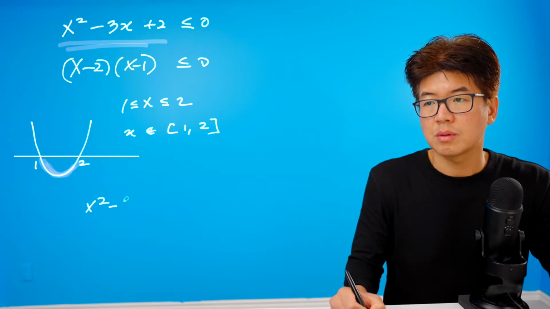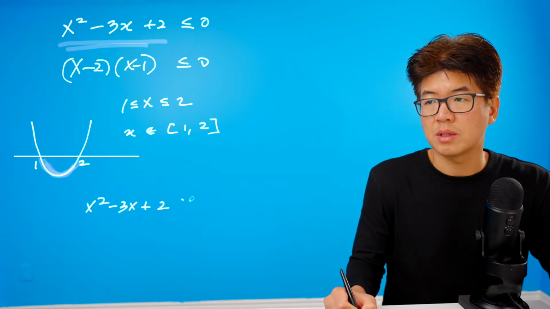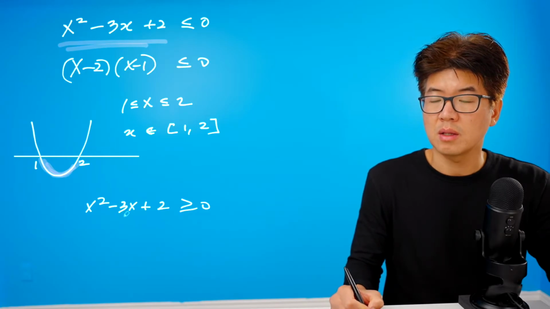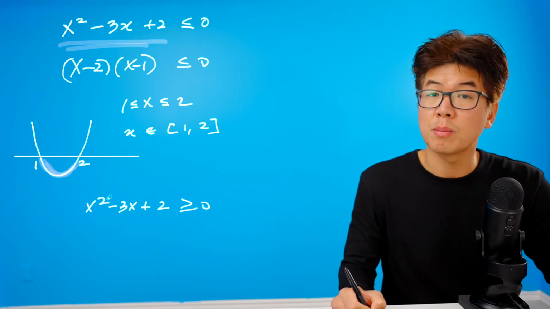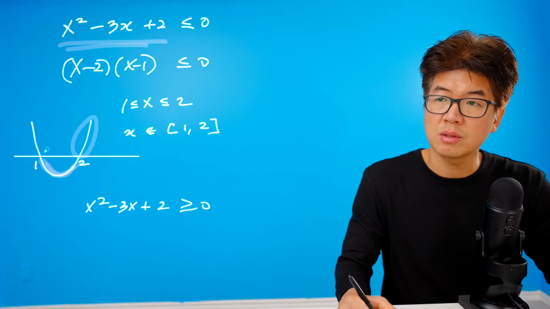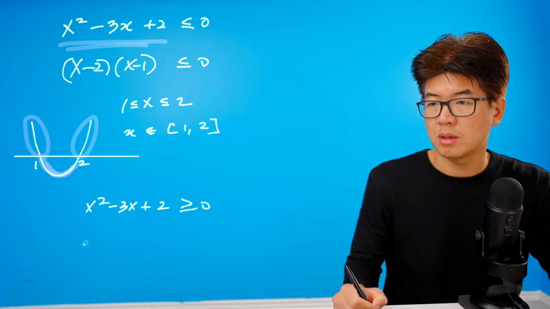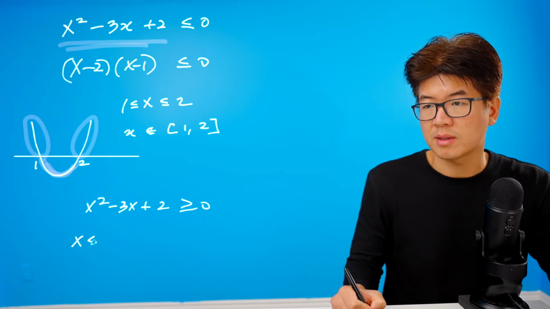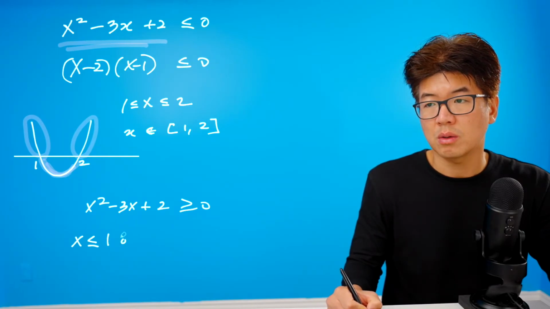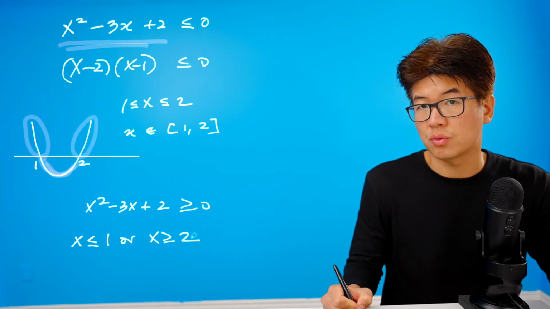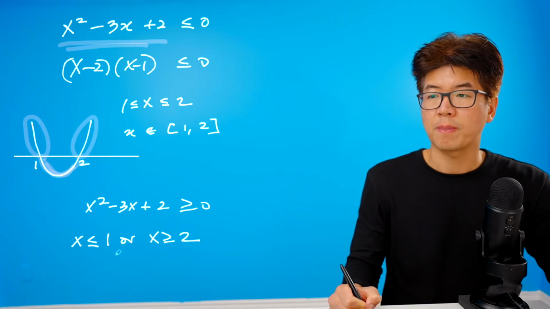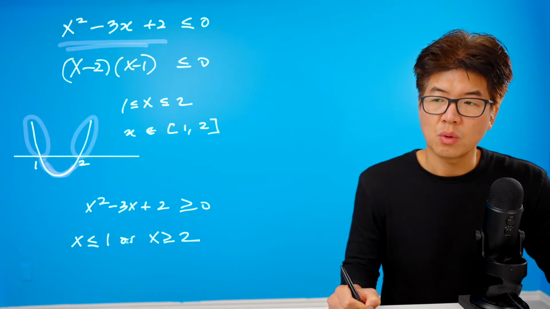Suppose it was this instead. Then we're asking for when is the y value positive? It would have been this region and this region. So there, x would have been x is less than or equal to 1 or x is greater than or equal to 2. Okay. So note the word or here.